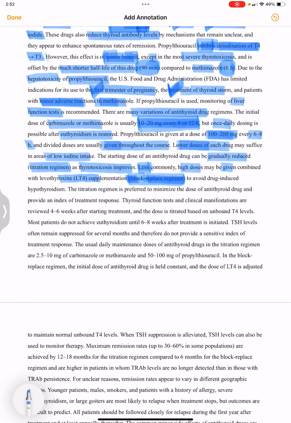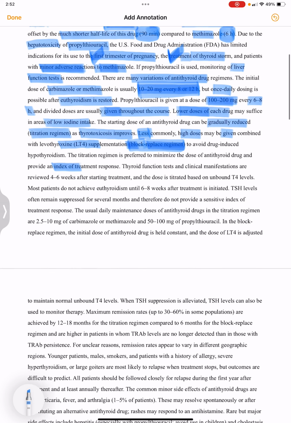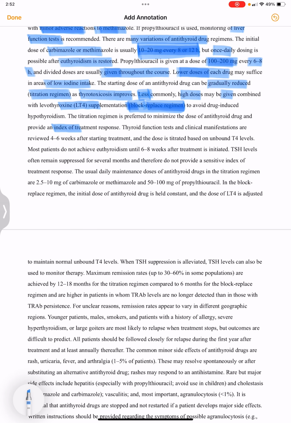The titration regimen is preferred to minimize the dose of anti-thyroid drug and provide an index of treatment response. Thyroid function tests and clinical manifestations are reviewed 4 to 6 weeks after starting treatment, and the dose is titrated based on unbound T4 levels, that is free T4 levels.